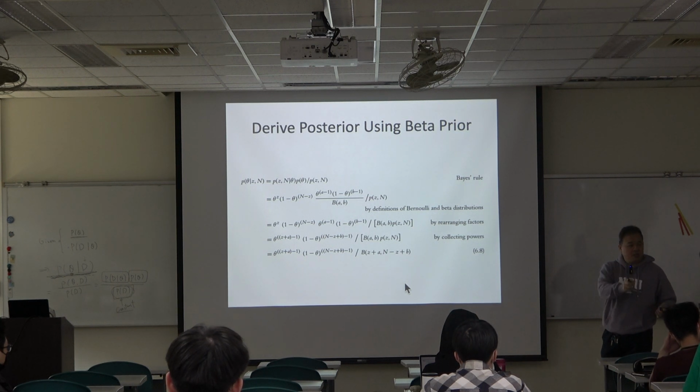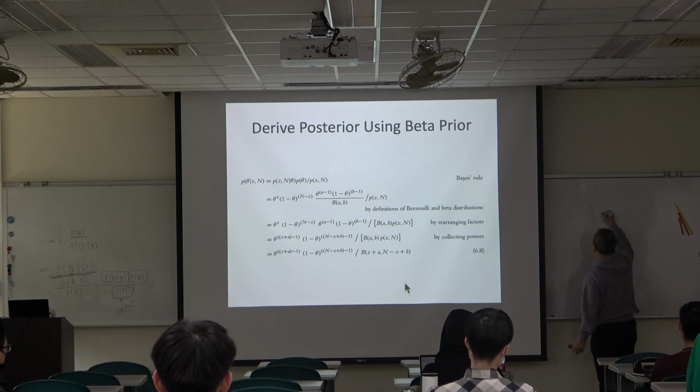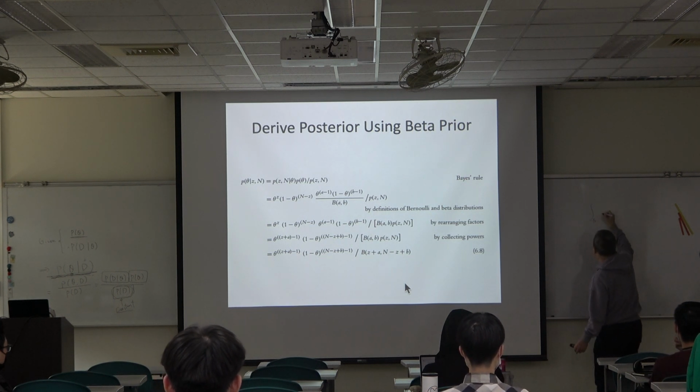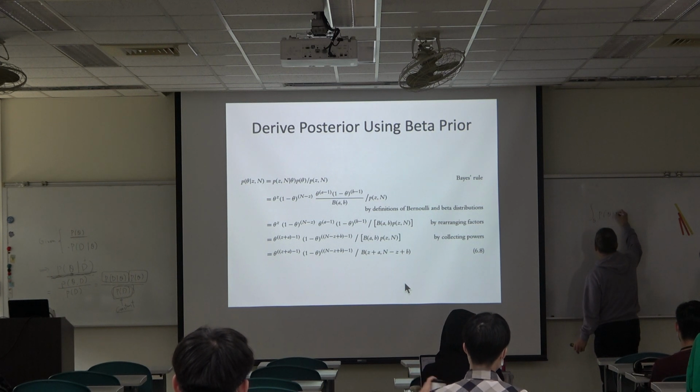Okay, so let's consider this. Your posterior, it should be P of theta given D.